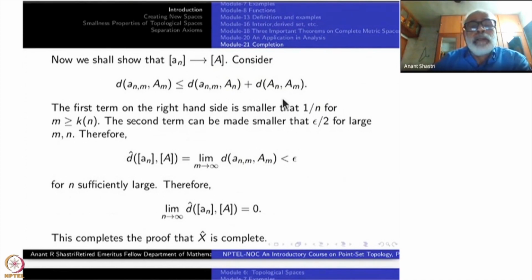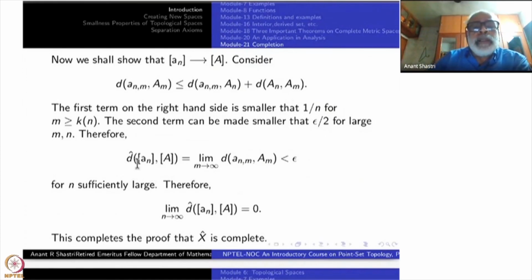The second term can be made smaller than anything once you choose n and m large enough, because just now we have shown that this is a Cauchy sequence.